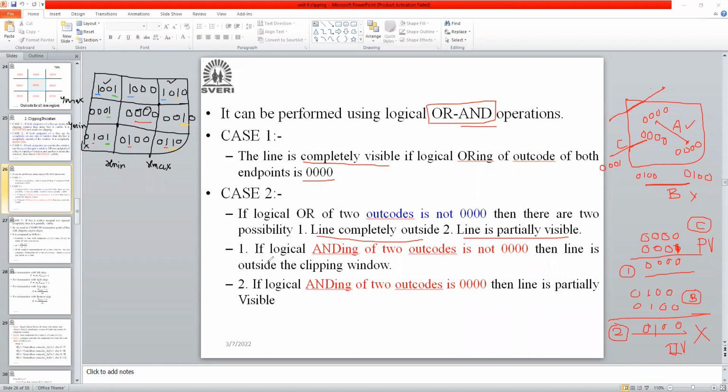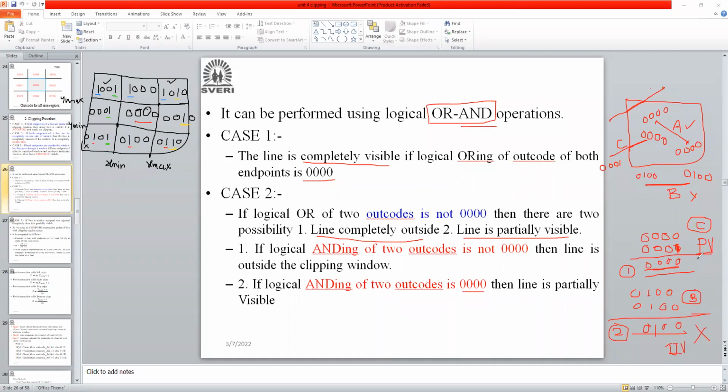Okay, so let us read these 2 points. If logical ending of two outcodes is non-zero, so here the example is this, the logical ending result is not 0, then the line is outside, so completely invisible. And if the ending result is 0, 0, 0, 0, like this, then it is partially visible line.